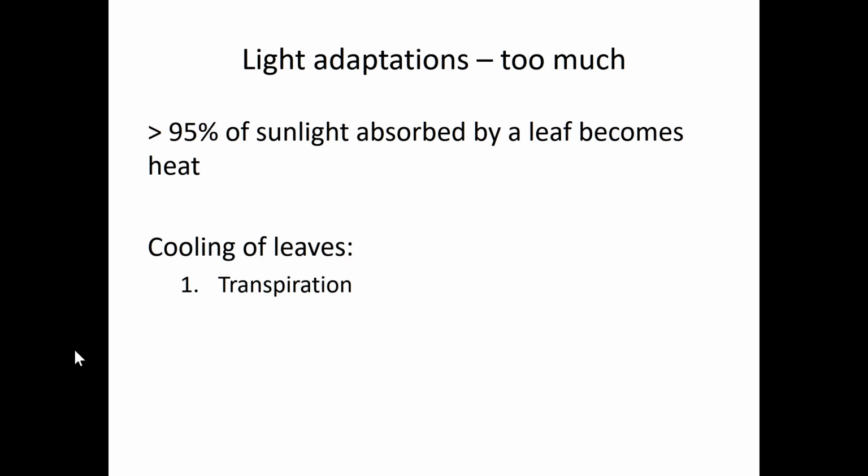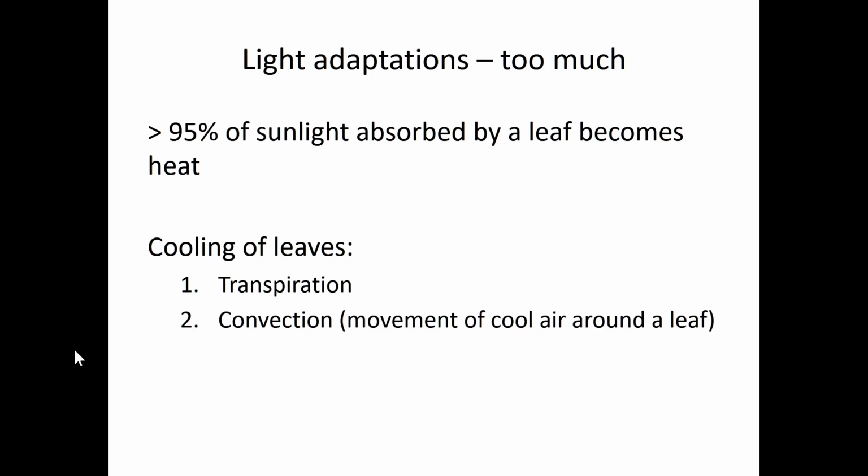Well, one of the things that they can do is transpire, which is the loss of water through the surface of the leaves through the stomata. That cooling action of the water across the surface of the leaf takes with it a lot of energy and a lot of heat, and that cools the plant down. Another way that leaves cool off is through convection, which is the movement of air around the leaf.